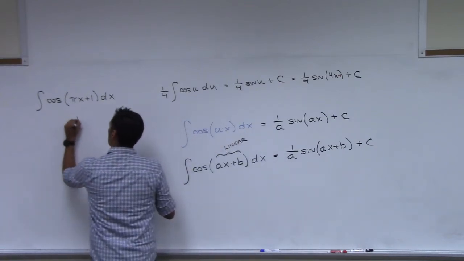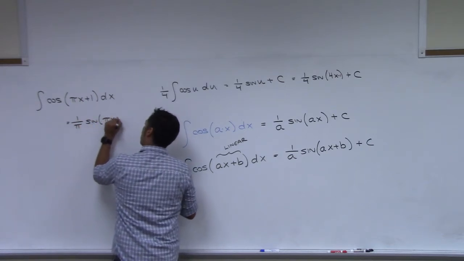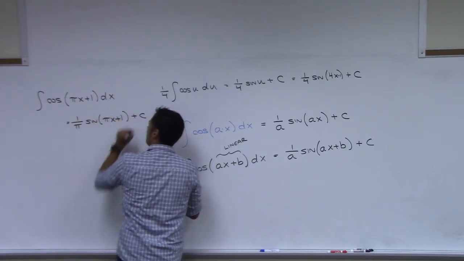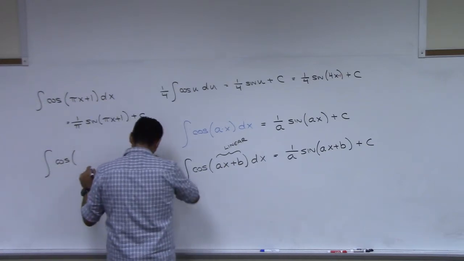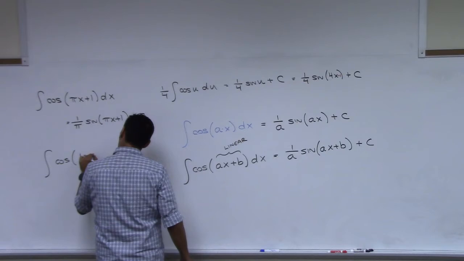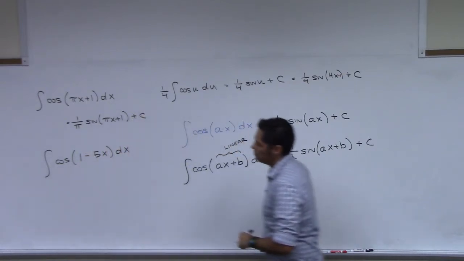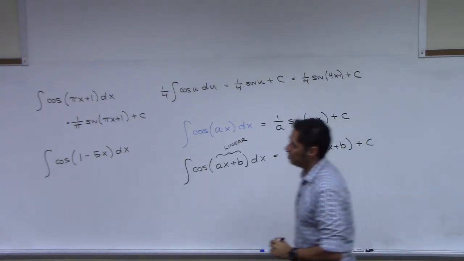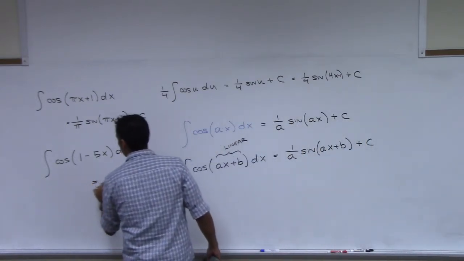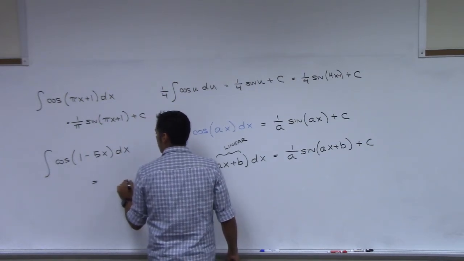So this would be 1 over pi sine of pi x plus 1 plus c. All right, let me give you another one. Cosine of 1 minus 5x dx. What is that? 1 over 5?